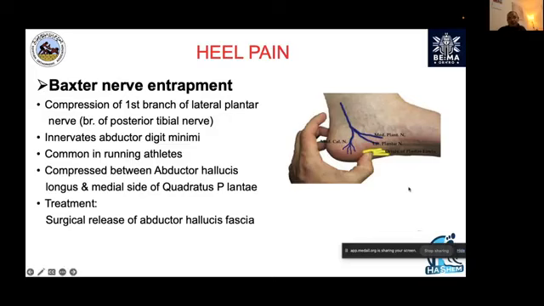So where he is putting his thumb, this is between the abductor hallucis longus and the medial side of quadratus plantae, and this is where the Baxter nerve, which is a dorsal branch from the lateral plantar nerve, gets compressed. The patient will have heel pain, and this will need us to go and release the abductor hallucis longus.